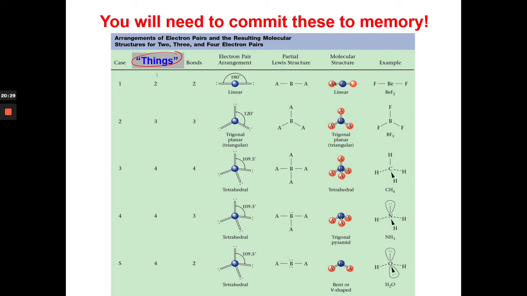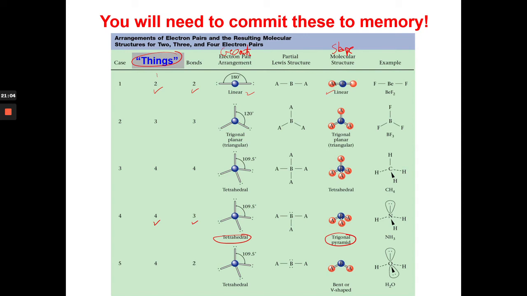So electron pair arrangement is really what we would call over here the geometry. This is electron domain geometry. Molecular structure is what we call the shape that you're going to get. Notice that when the number of things and the number of bonds are the same, you get the same answer. But when the number of things and the number of bonds are not the same, we get different answers, okay? So it's a good summary sheet.